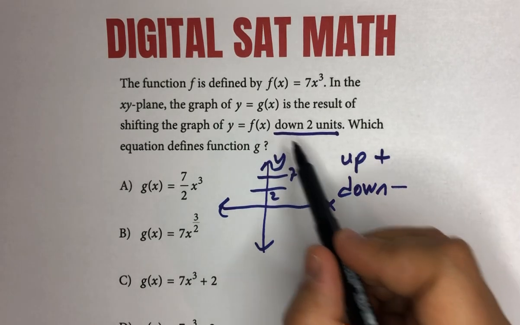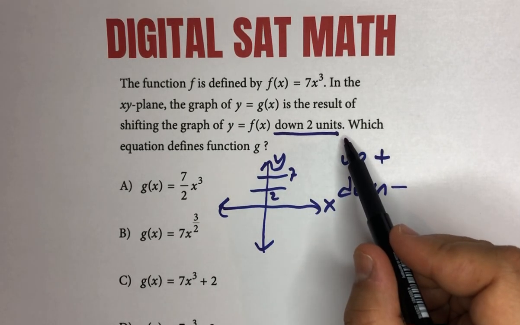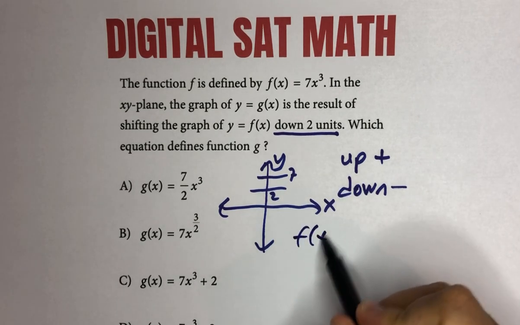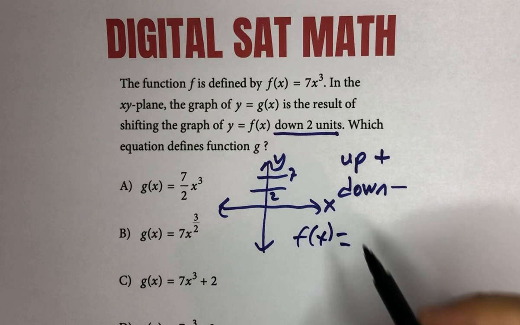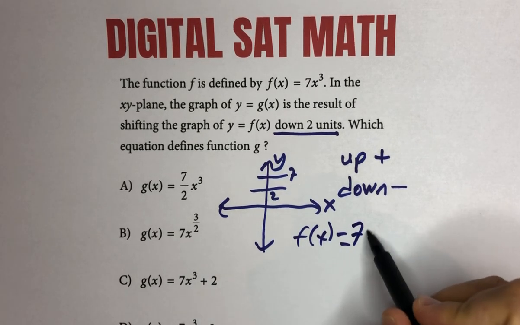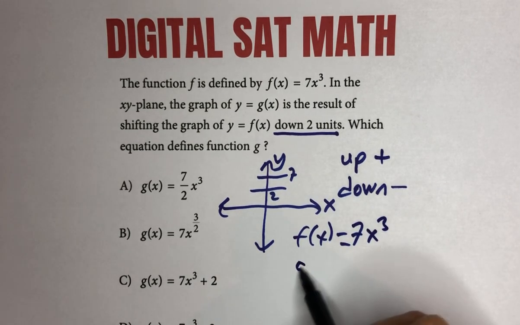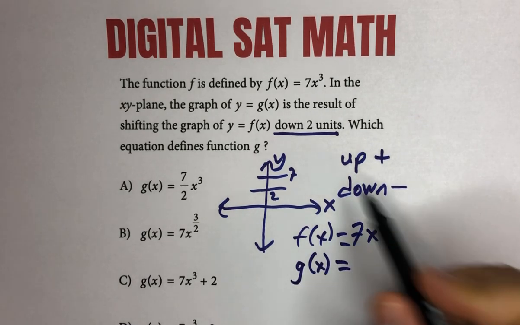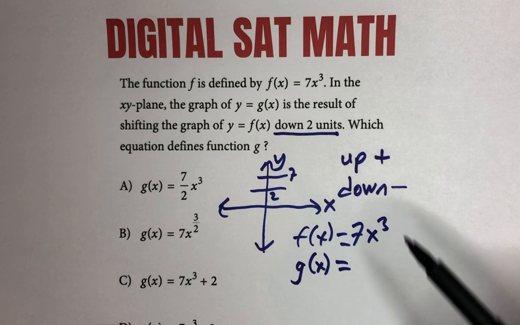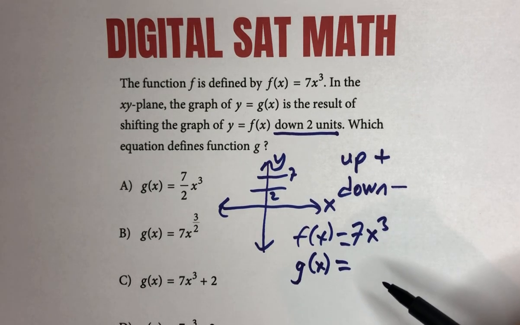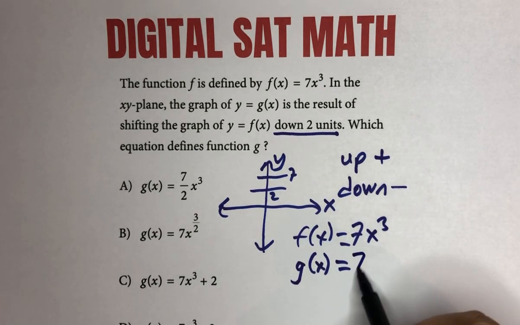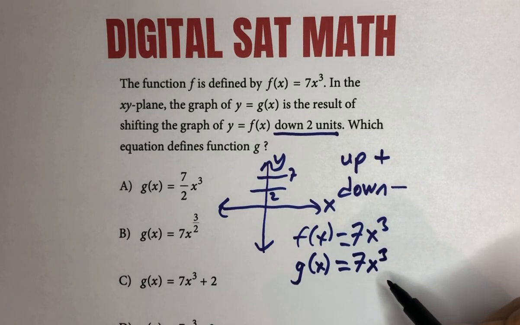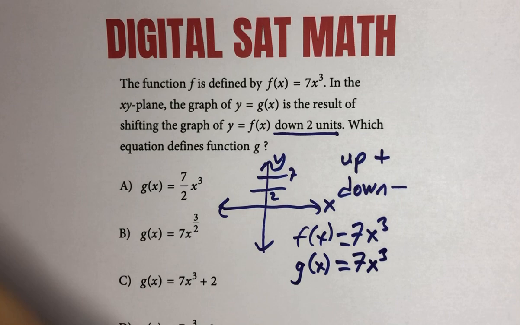Please pay attention to the wording in here. Based on this, f of x was given as 7x cubed, and the value of g of x will be, since they said it's shifted down 2 units, I am writing the original function f of x.